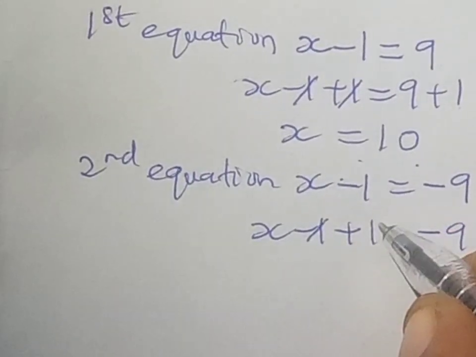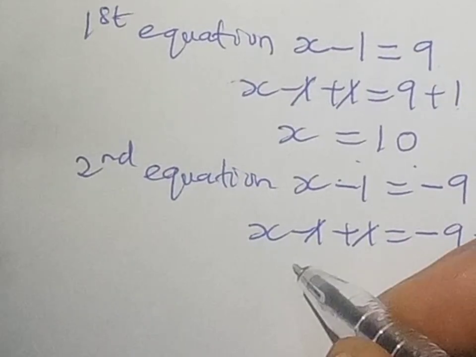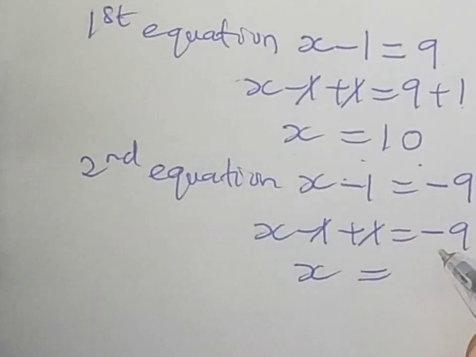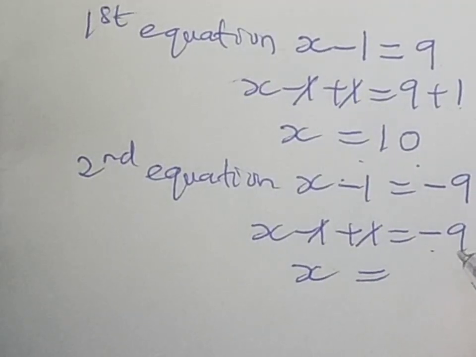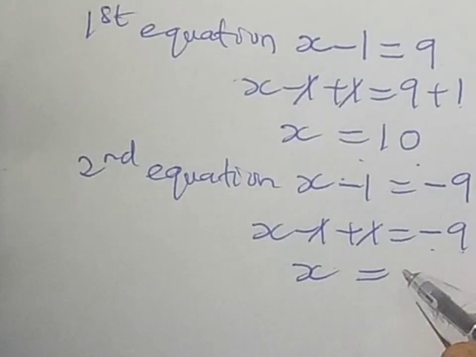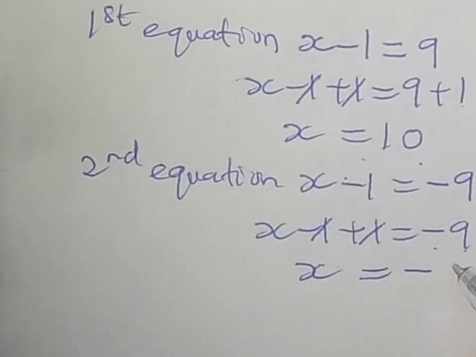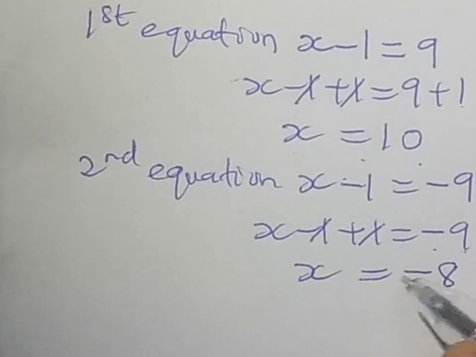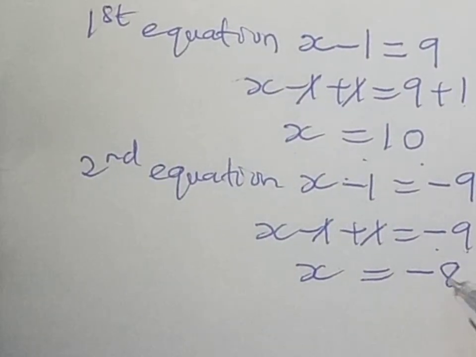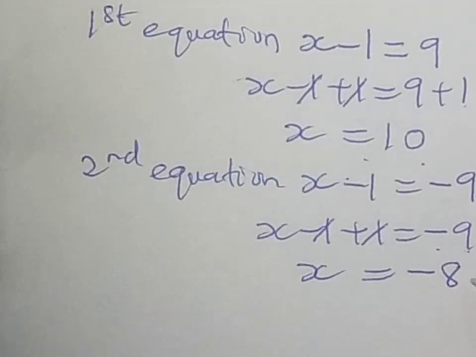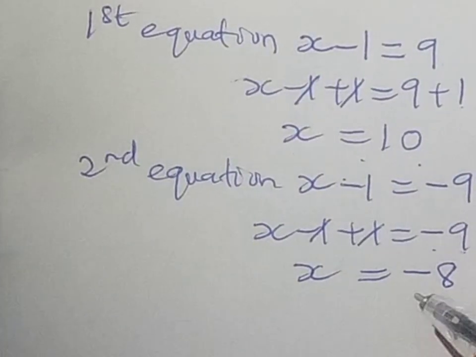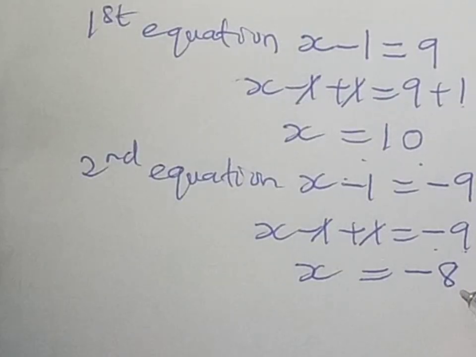A negative cancels a positive. So we have x = −9 + 1. Negative 9 plus 1, that means we have what? A negative 8, which is our solution to the second equation. From our first equation, we got x = 10, and from our second equation, we got x = −8.